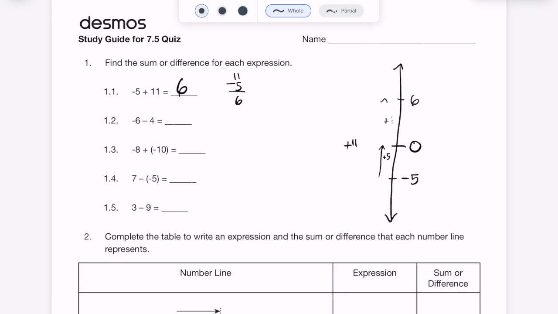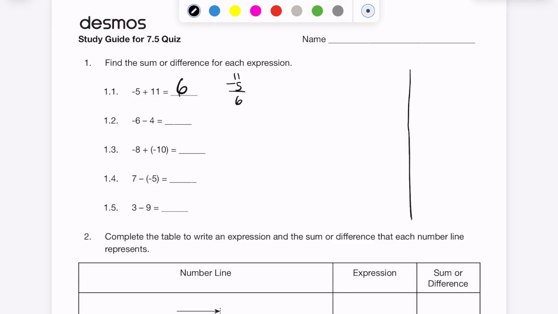We start at negative 6 and we subtract 4. If I am starting at negative 6 below 0, and then I subtract 4, the impact is that from negative 6, I'm going to go down 4.